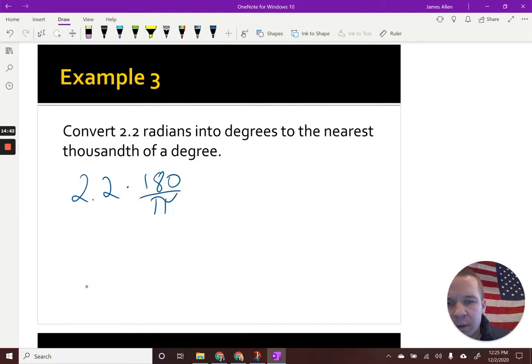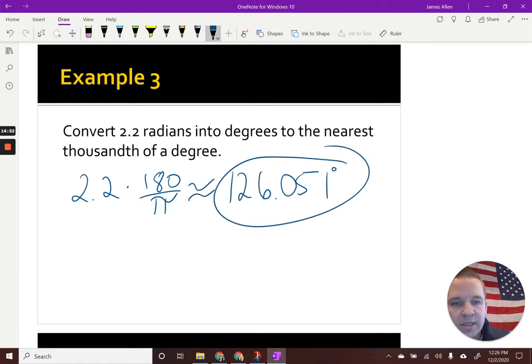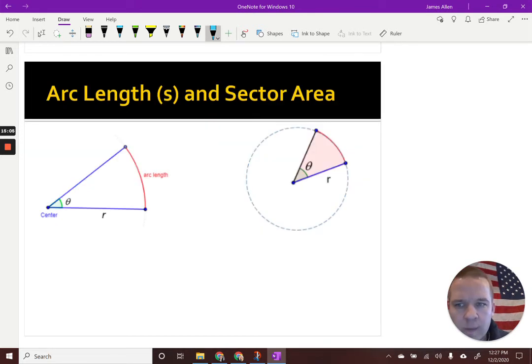My calculator told me, and I'm going to go with squiggly because it's approximately, 126.050 degrees to 3 decimal places. Good stuff. Don't you dare use 3.14 for pi. We use the pi button. It's adult calculating right there. You are young adults. Use that pi button.